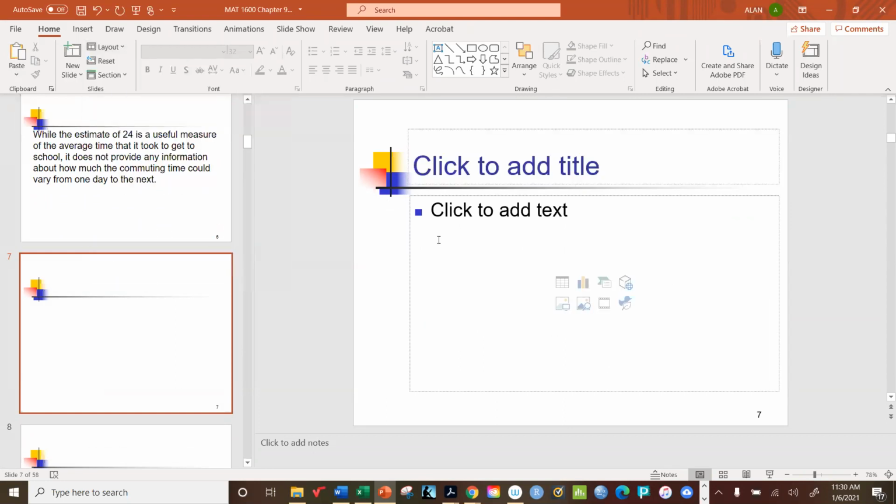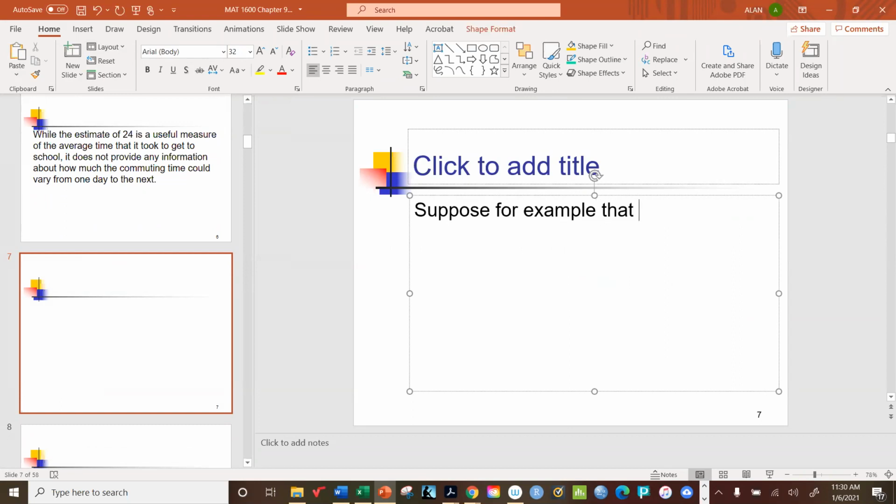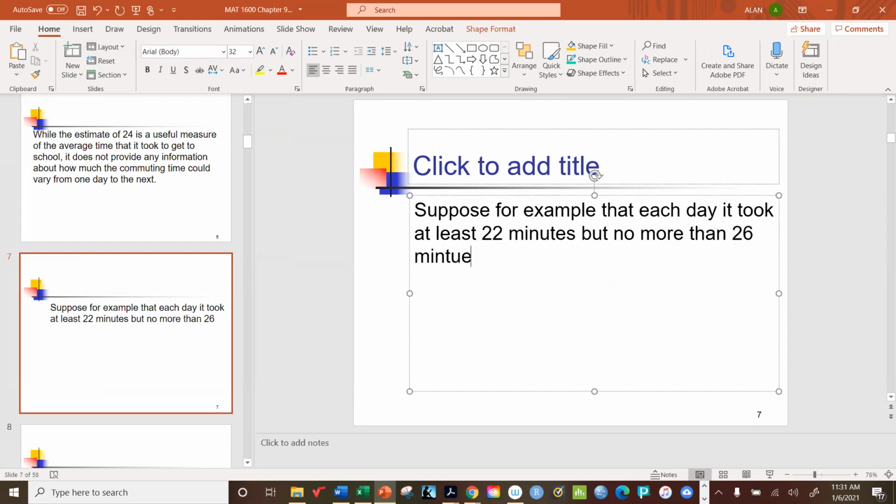Suppose, for example, that each day it took at least 22 minutes, but no more than 26 minutes to get to school. Now that's useful information. That means that if you leave the house 26 minutes before your class starts, there's a pretty good chance that you're going to make it on time.